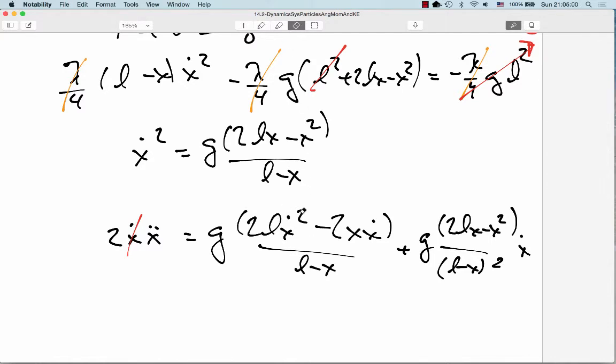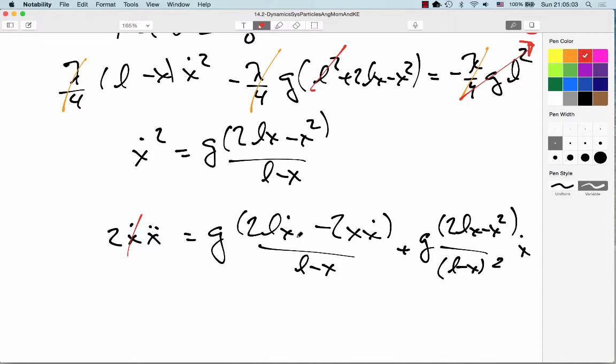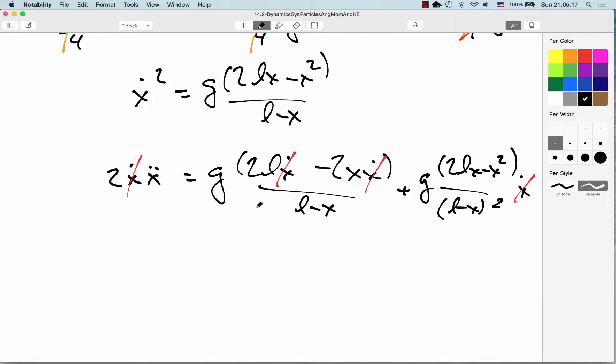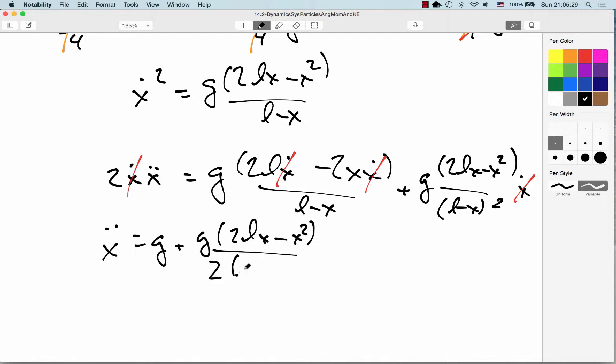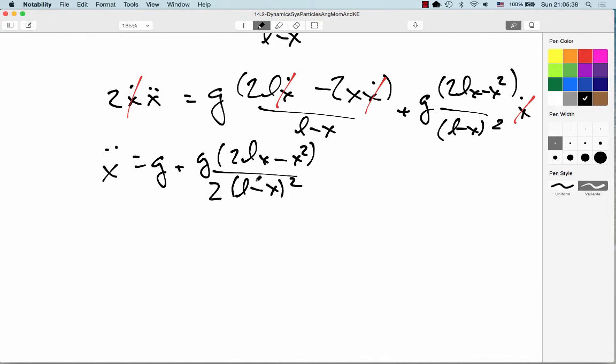Where'd that rogue square come from? Okay, so I can cancel an x dot there, there, and there. All right. And then I can rearrange just a little bit. I can get x double dot is equal to g plus g times 2lx minus x squared over 2 times L minus x squared.